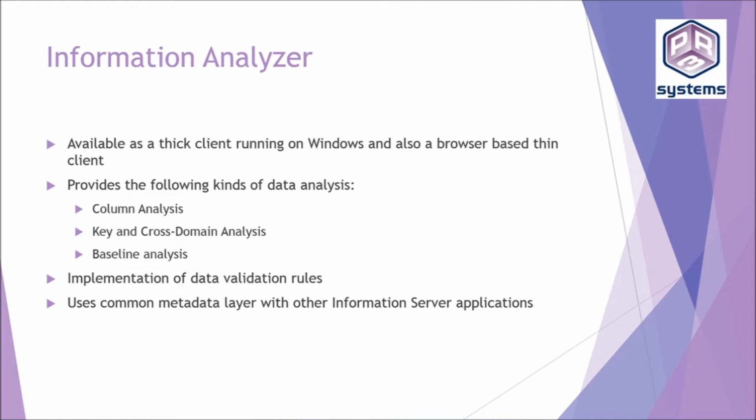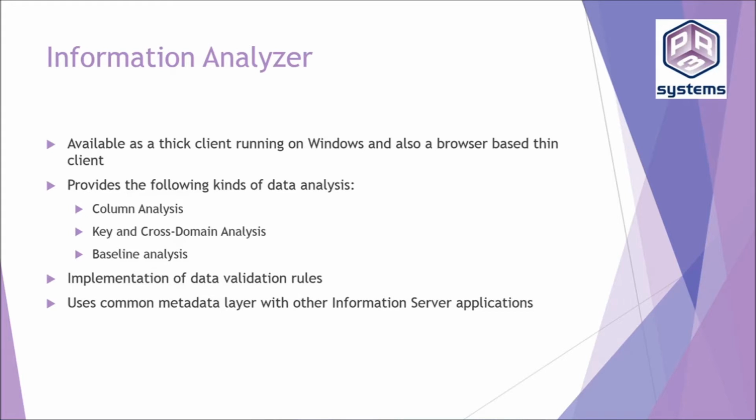So what are some of the kinds of analysis that you can do with your data in Information Analyzer? You can perform column analysis. You can analyze a column, exactly what kind of issues you have with the data, what is the minimum value, do we have duplicates, do we have incorrect data, do you have incorrect street addresses, do you have zip codes in the wrong format.